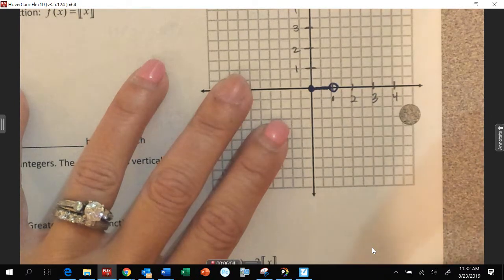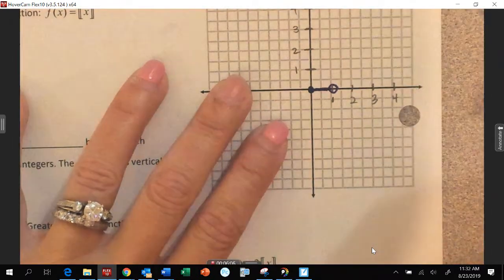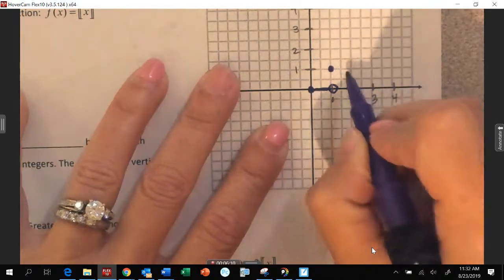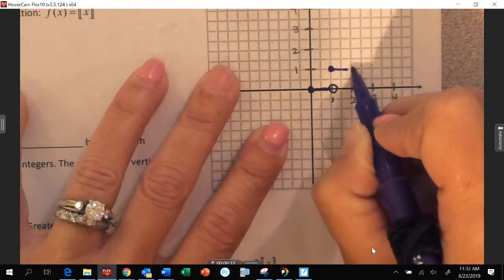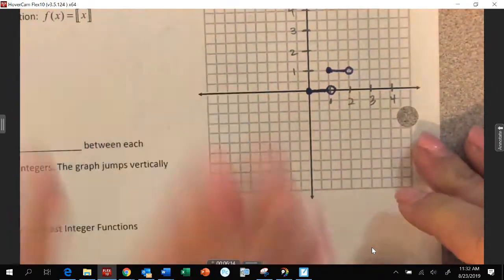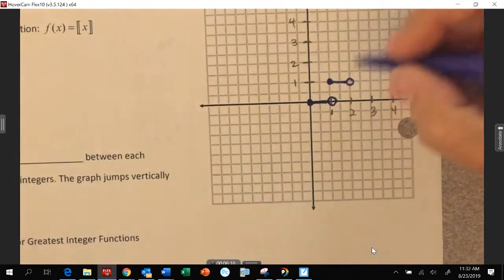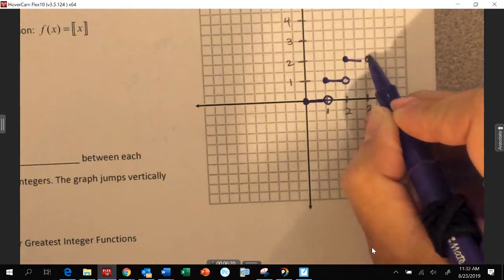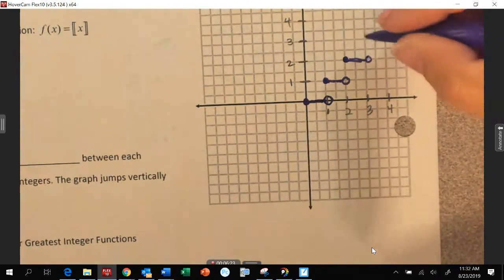And then if I do plug in 1, or 1.1, or 1.2, or anything through 1.9, now my y value is 1. So it's going to jump up, and it's constant until it gets to 2. Then it's going to jump up to 2, and it'll be constant till it gets to 3. Then it'll jump up to 3.